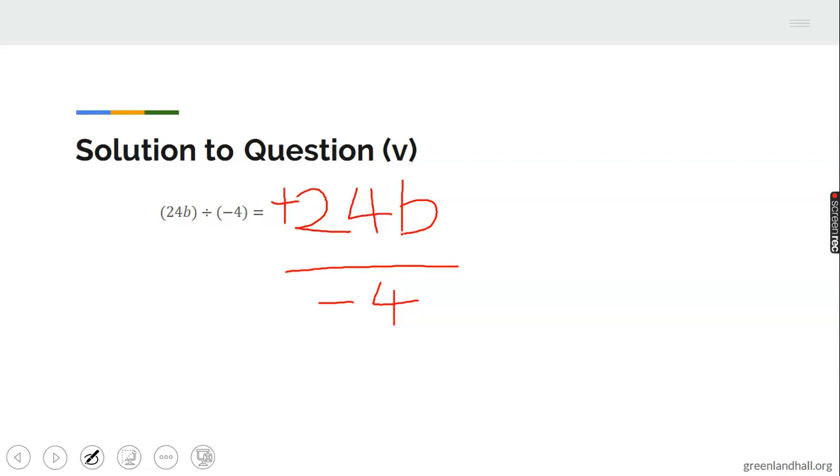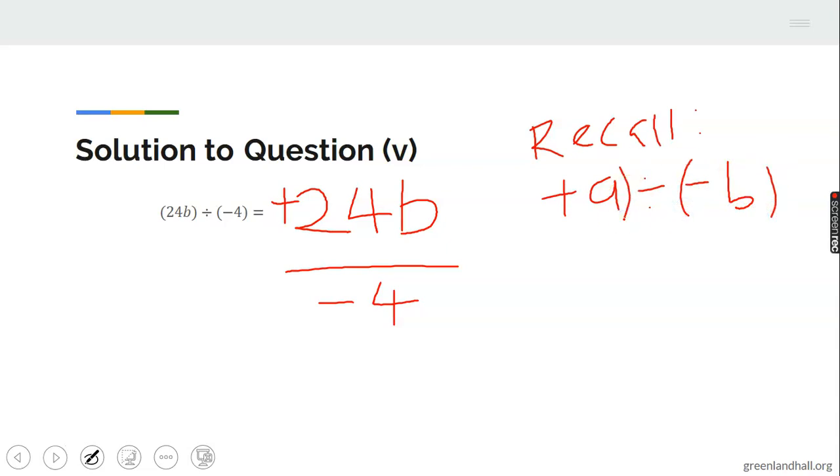Now, just as we did, from the rules of division, if you recall, I want you to recall that plus a divided by minus b, let me put it in a bracket, is nothing but minus a over b.